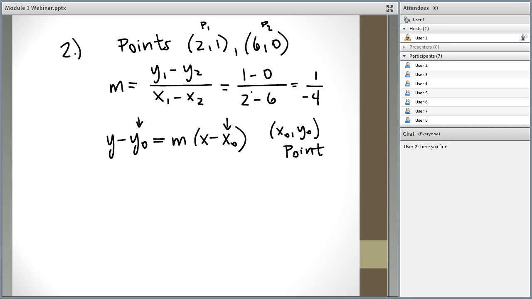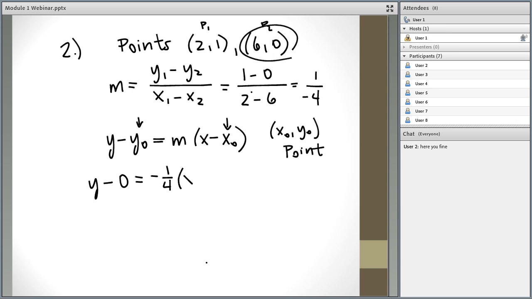I typically would prefer to work with a point that has a 0 in it rather than the 2, 1 point, but it's going to work out exactly the same way regardless. So I'm going to choose to use the 6, 0 point. And again, it doesn't actually matter. So the y value is 0, so I have y minus 0 equals m, which is negative 1/4, we just found that.